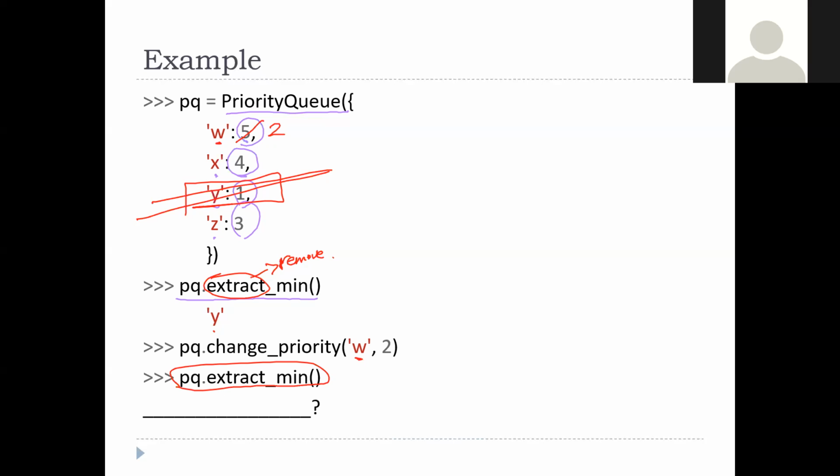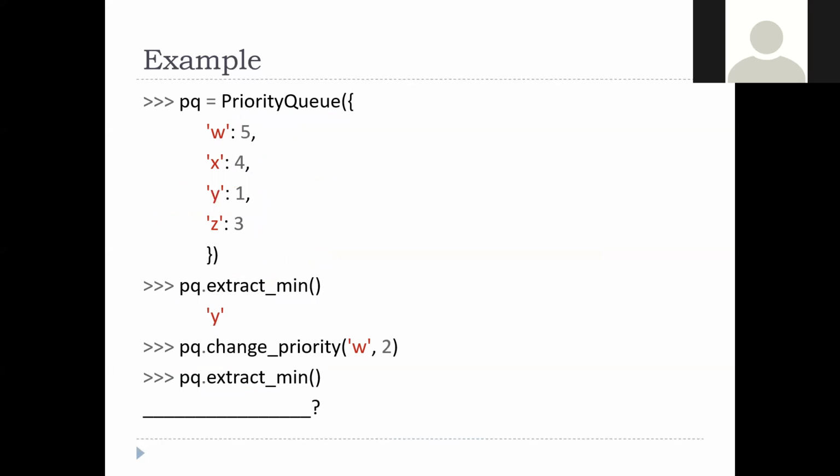Should I return Y? No, right? Exactly. Because Y is already not there. So now I have to look at the remainder and find the one with the smallest value. And the remainder with the smallest value is actually W, because we already changed the value to be 2. So now we simply return W. That's what we have. Okay, so this is the priority queue.